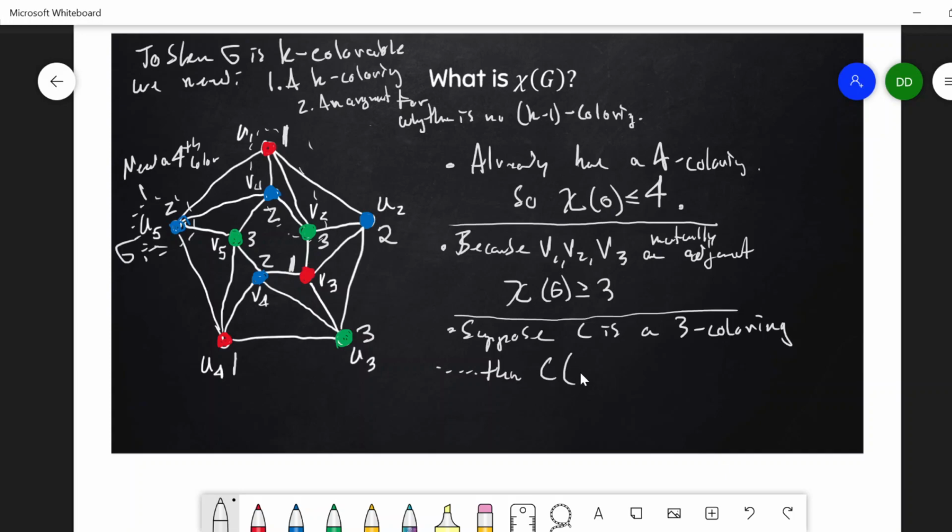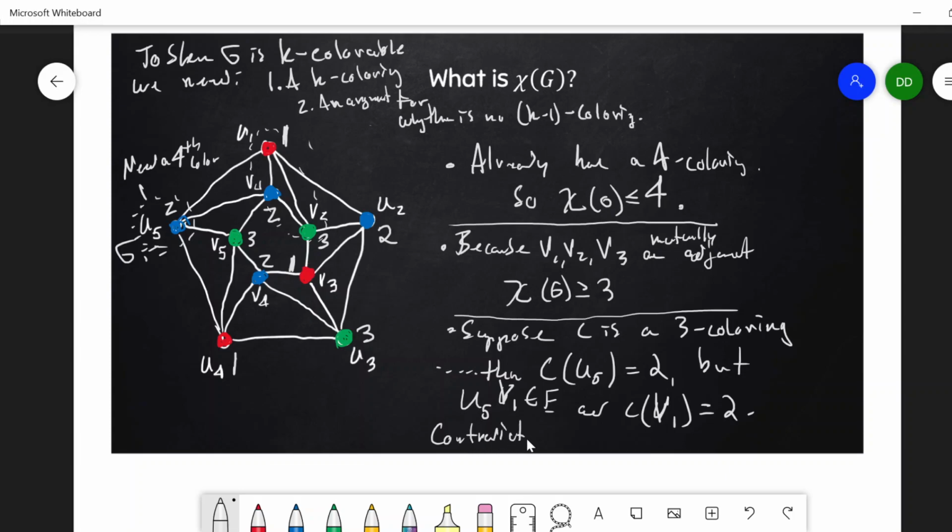Then C of U5 is equal to 2, but U5 V1 is an edge, and color of V1 is 2 as well. And that's a contradiction. It's not a proper coloring then. So that's the idea of how to argue.